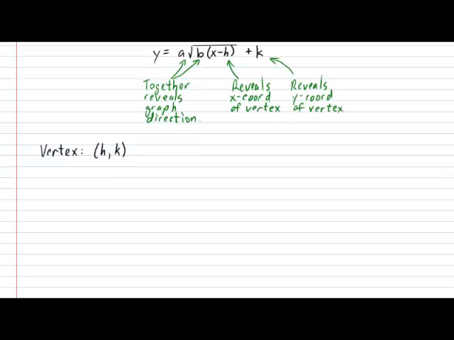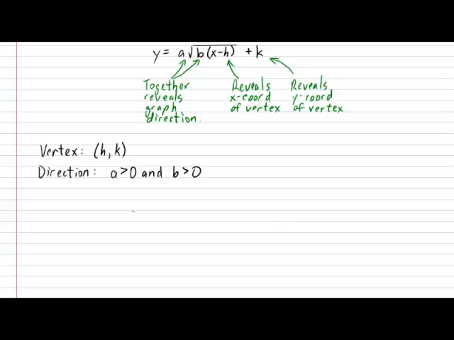The next thing to look at is how the direction of the graph is affected by the interaction between a and b. There are four possible scenarios. The first scenario is what happens if a was positive and b was positive.